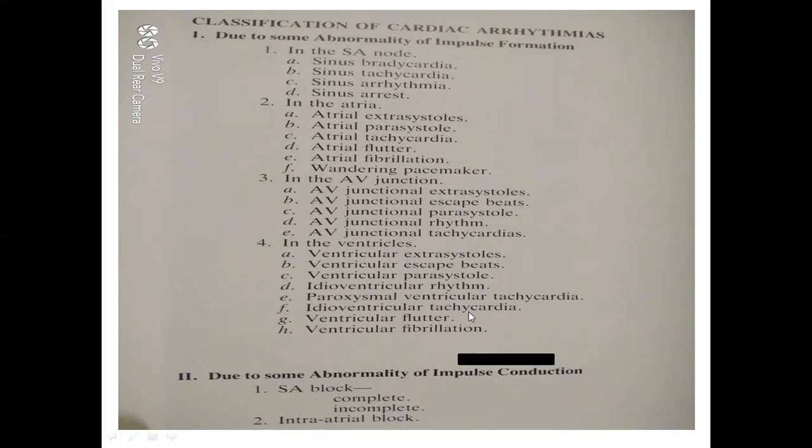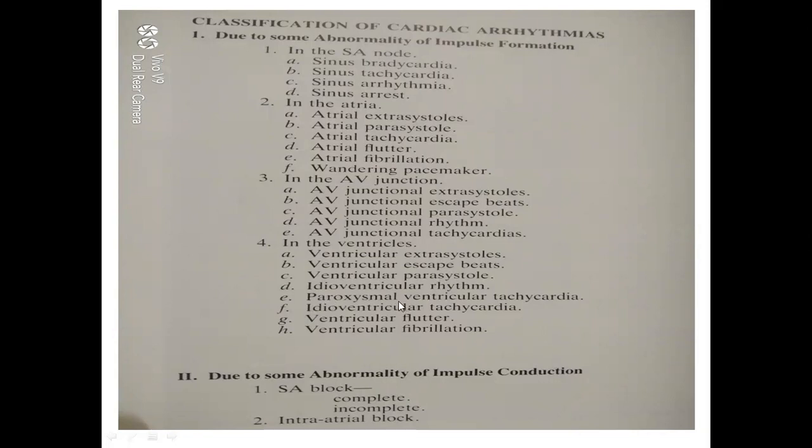For the ventricular part, I'll go fast because I want to show you the ECG. You can read the theory. Ventricular extrasystole and escape beat have the same pattern as in atrial and AV junctional. In the ventricle there can be extrasystoles, ventricular escape beats, parasystole, and idioventricular rhythm.